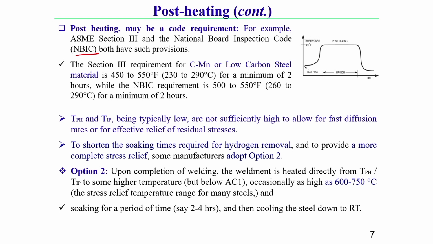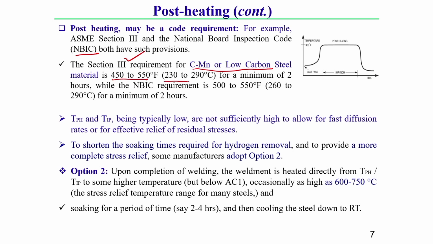Generally, for post heating purposes, some codes may be required. What are those codes? These two codes are very popularly used. For the Section 3 requirement for carbon manganese, or low carbon steel material, the post heating temperature varies from 450 to 550 degree Fahrenheit.